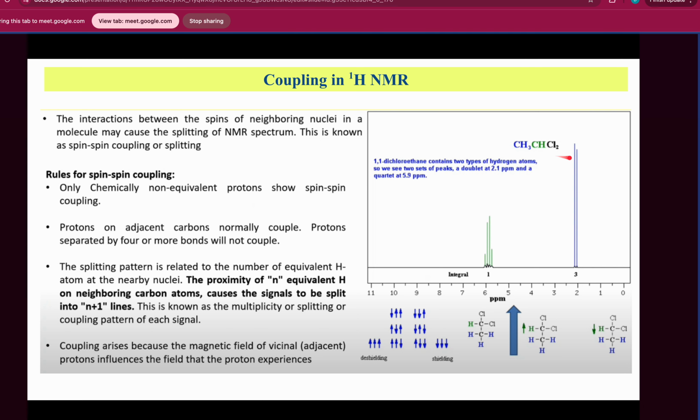Similarly, for the CH3 group, because there is only one adjacent hydrogen, it will be n plus 1, that is two peaks. So this is what coupling is and why the splitting happens. I hope it is now clear why, although we have only two signals, we are splitting them into individual components.